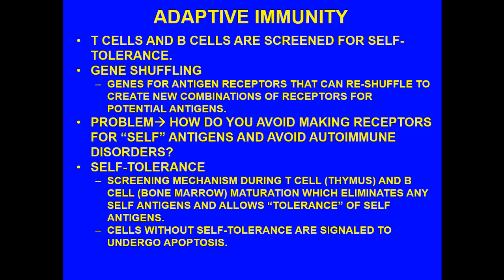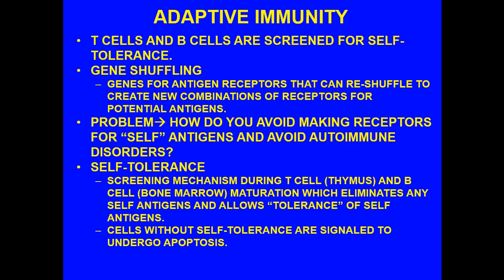So, here's a question. How come my T cells and B cells don't start destroying all of my tissue randomly? Well, in the development of T cells and B cells, they are screened at the primary tissue sites where they undergo this maturation.